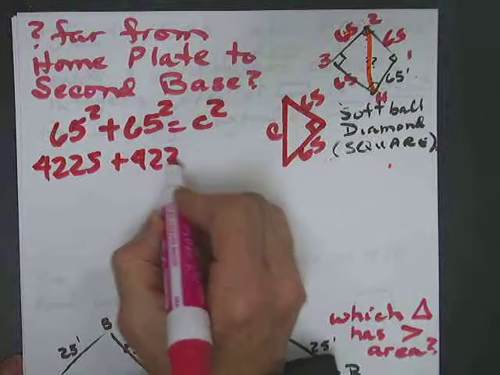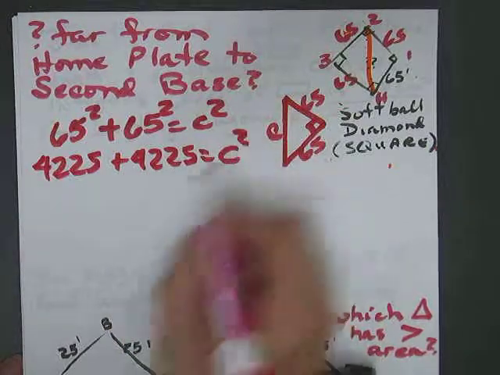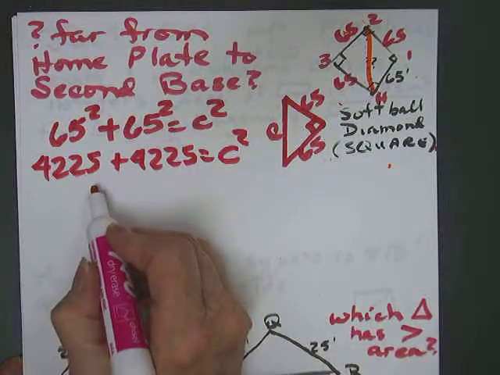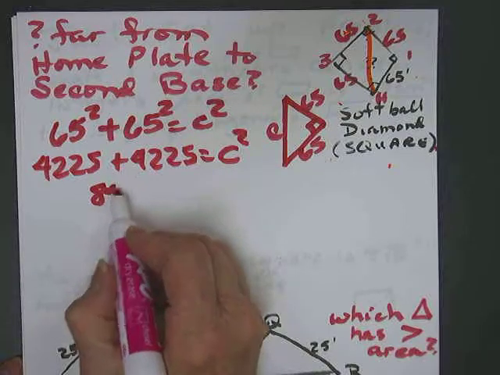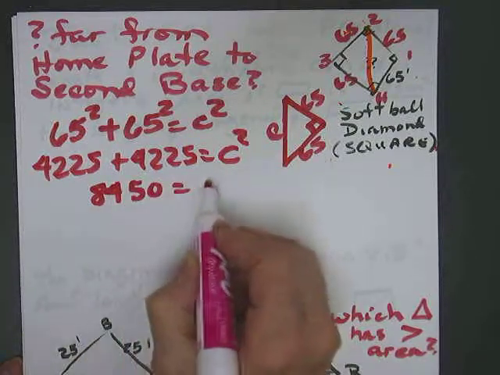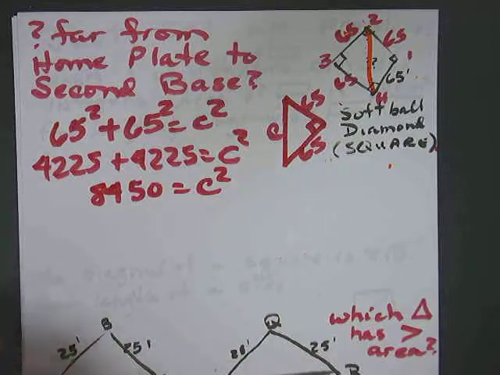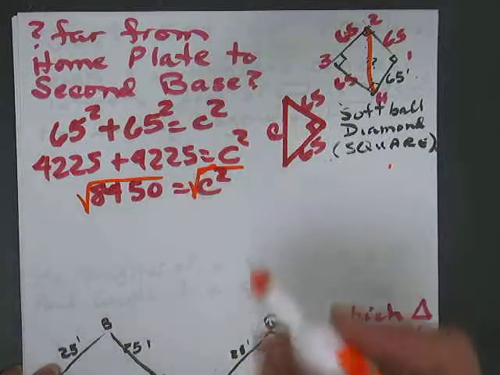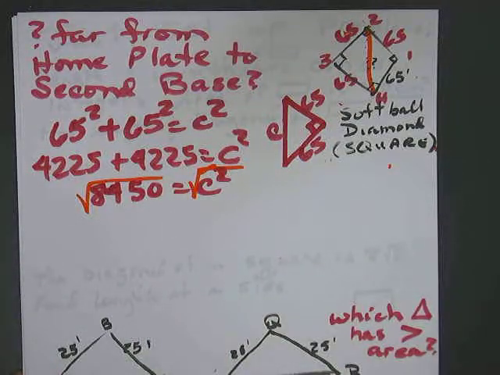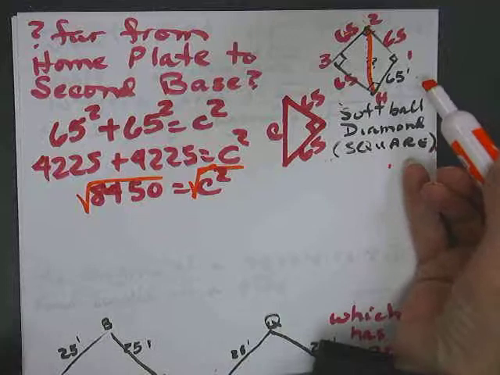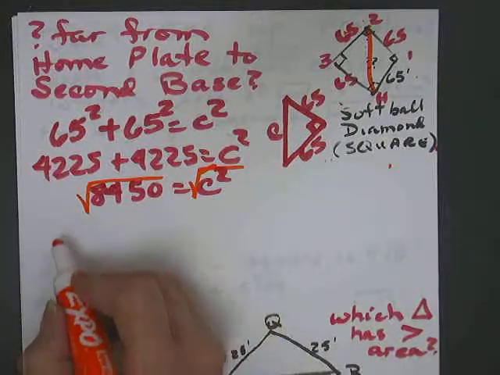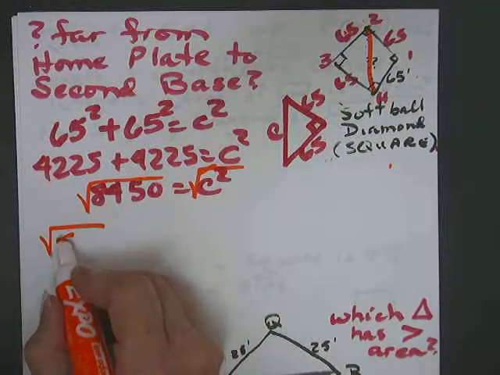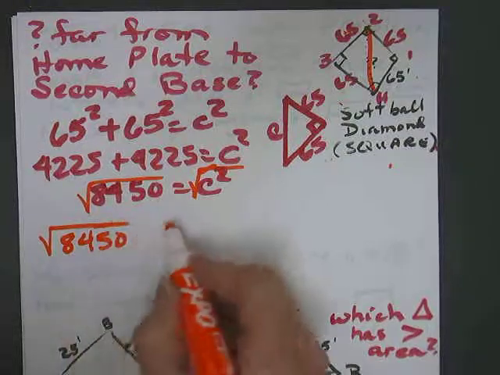What's 65 squared? 4225. So you add that up, it's 8450. So the exact distance is square root of 8450, which will make a lot of sense to us because we want to know in feet.